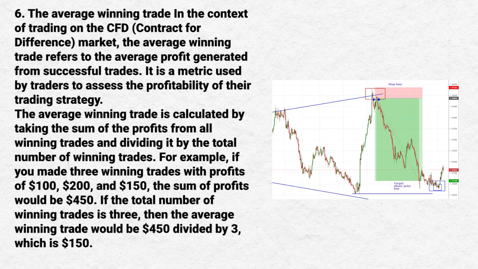For example, if you made 3 winning trades with profits of $100, $200, and $150, the sum profit will be $450. If the total number of winning trades is 3, then the average winning trade will be $450 divided by 3, which is $150.